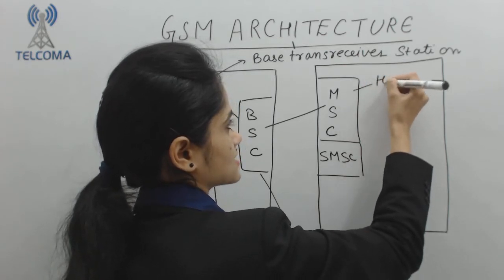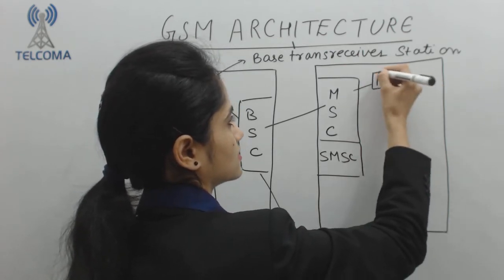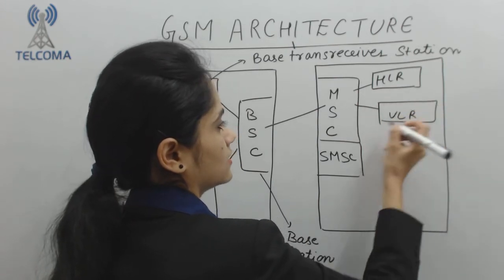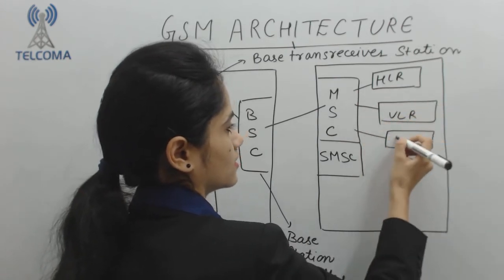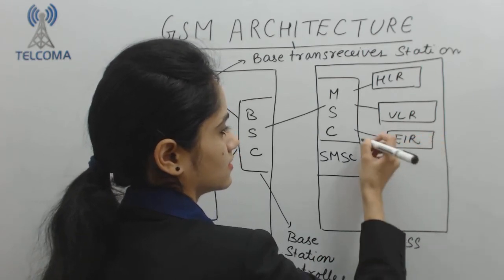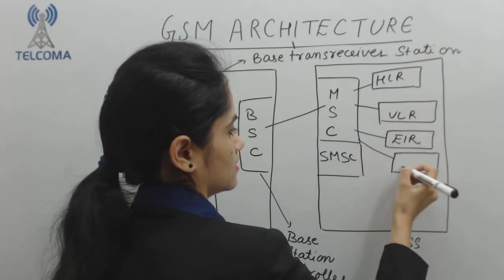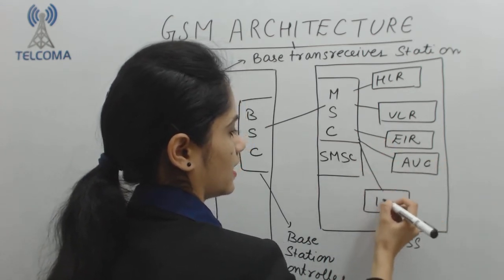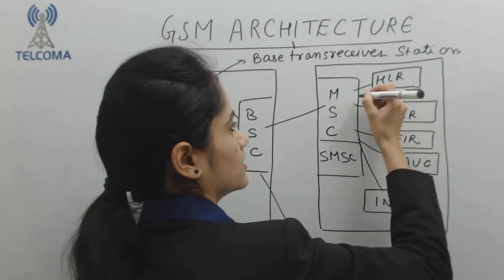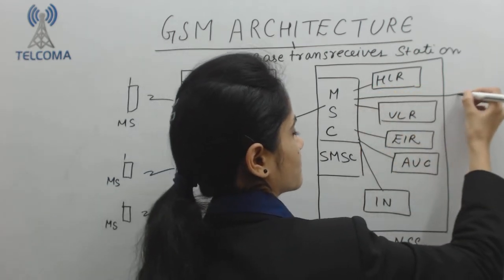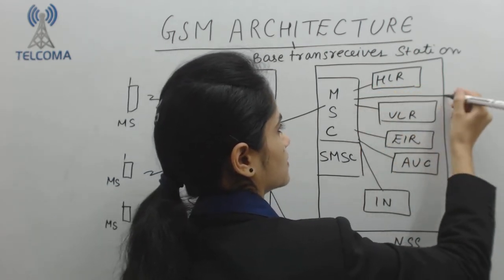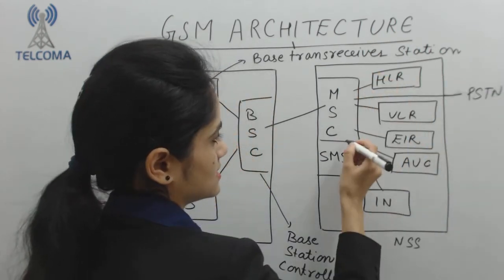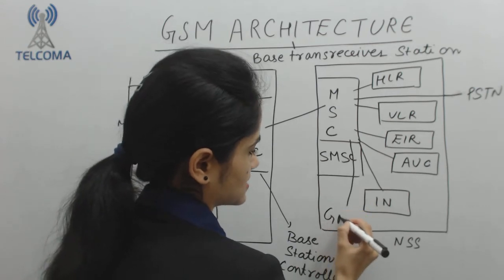Now the databases are HLR, then we have VLR, EIR, AUC, and we have IN. Other than this, we have further connectivity with PSTN, and MSC is also attached to GMSC.